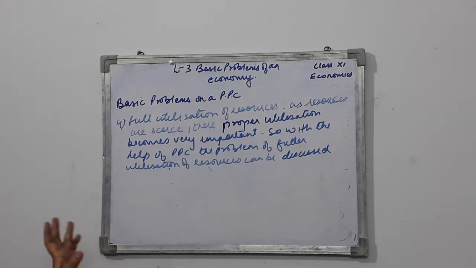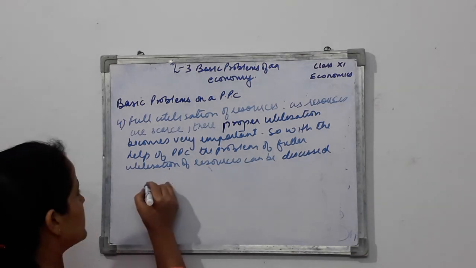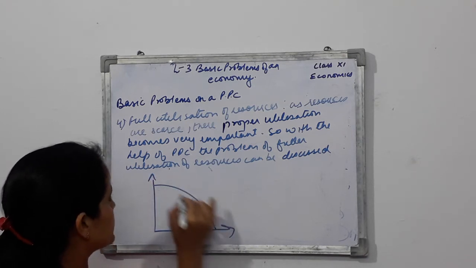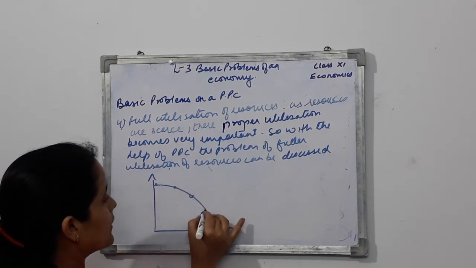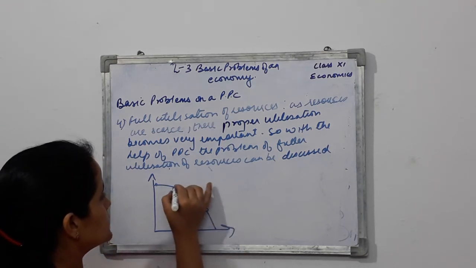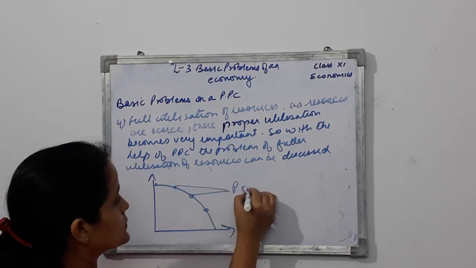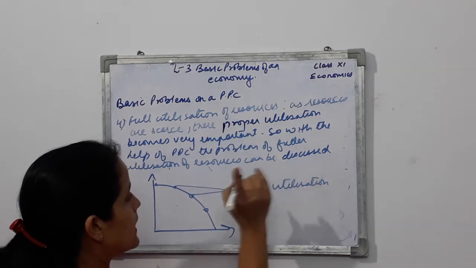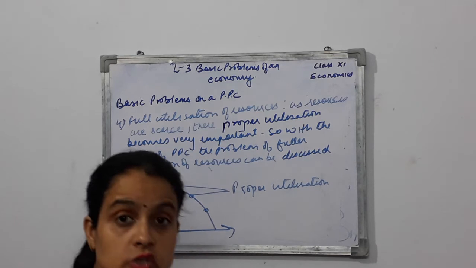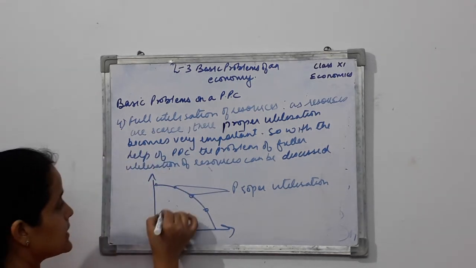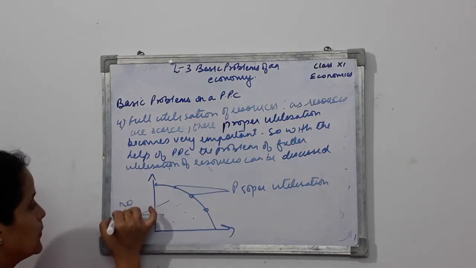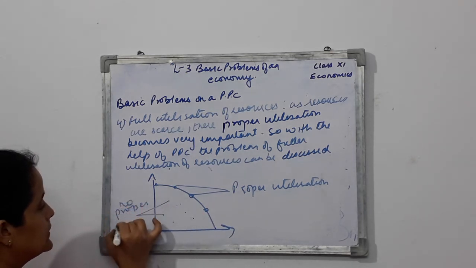As we know, if all the resources are fully and efficiently utilized, the production will take place somewhere here, here, here, or here. Right? If you are using the resources properly. But if the proper utilization of resources is not taking place, then the production will take place somewhere here.